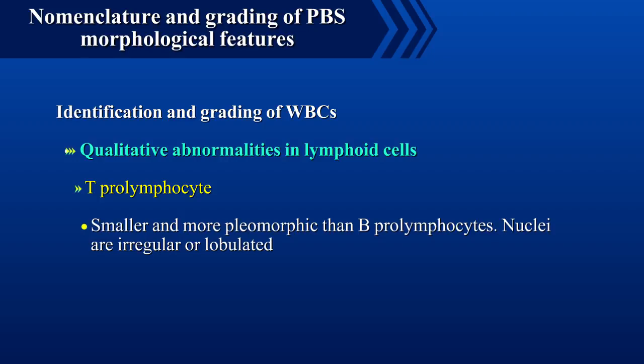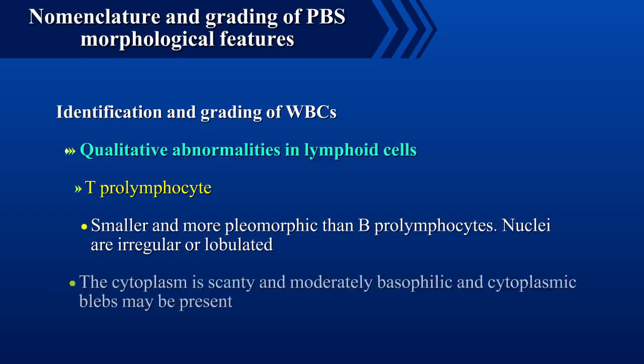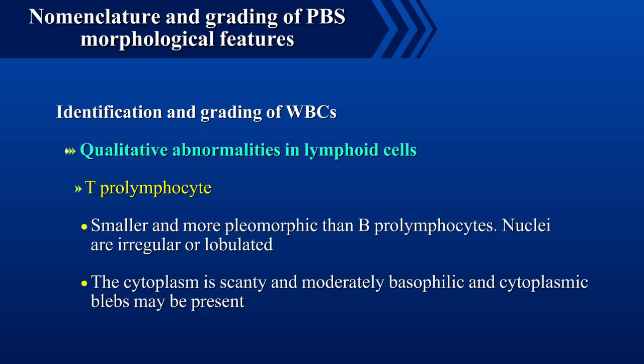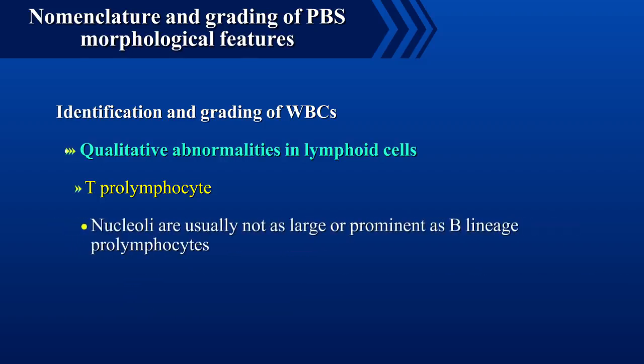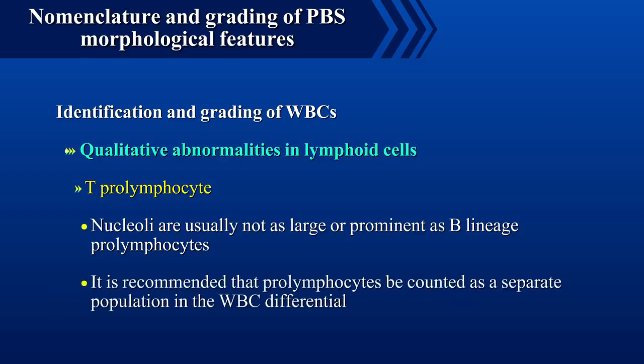Nuclei are irregular or lobulated. The cytoplasm is scanty and moderately basophilic, and cytoplasmic blebs may be present. Nucleoli are usually not as large or prominent as B lineage prolymphocytes. It is recommended that prolymphocytes be counted as a separate population in the WBC differential.